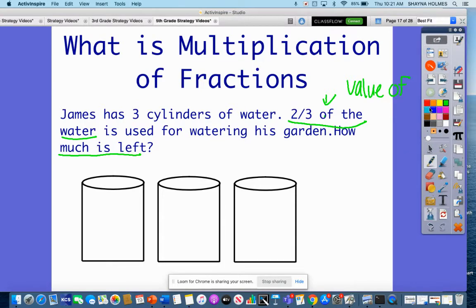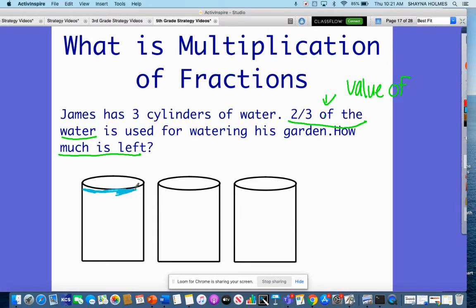So let's draw our water. I'm going to fill these up for us.